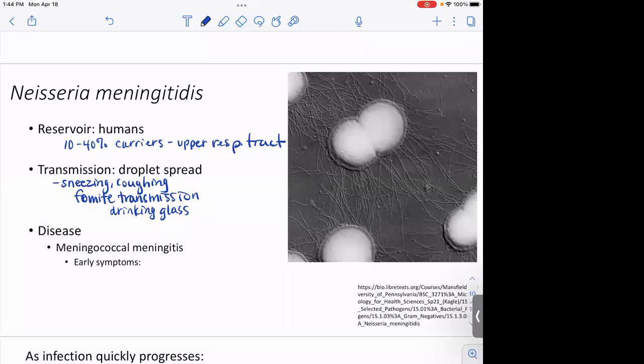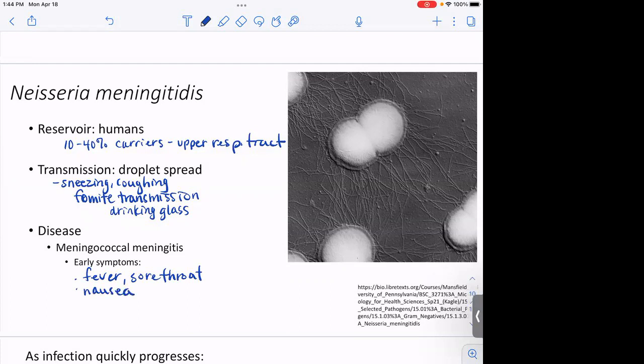Okay, so what do the early symptoms of meningococcal meningitis look like? Thankfully, this infection is really rare and actually is getting more rare. That's the trend, so that's good. Early symptoms: fever, sore throat, nausea.